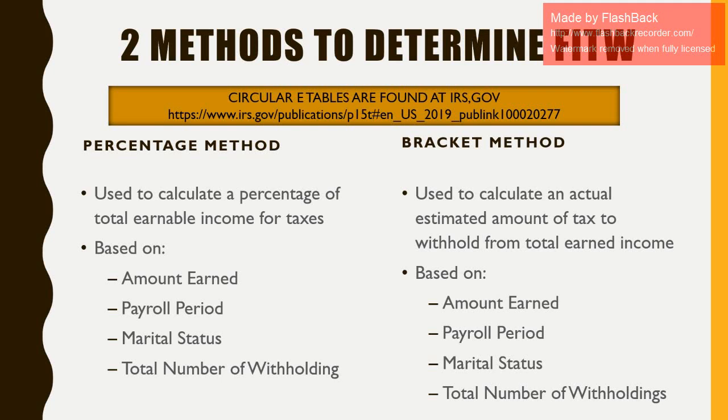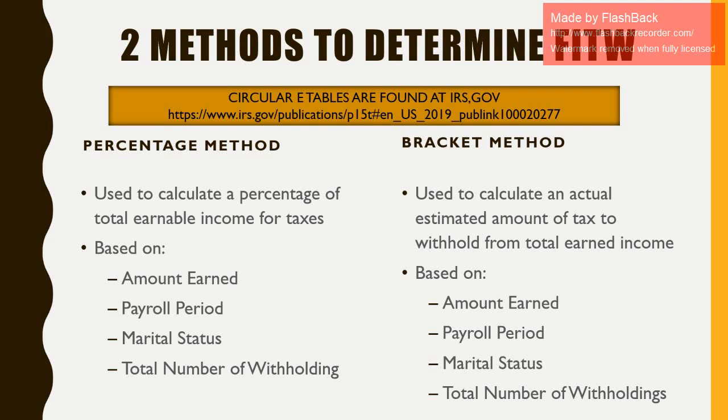Now, the number of total withholdings is actually separate, because that was for last year's method. This year, it has changed drastically because of the new 2020 form. Everything's changed. Same thing with the bracket method; it's not going to require you to have that information.